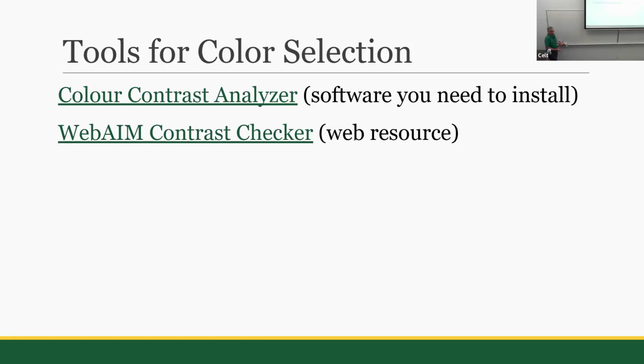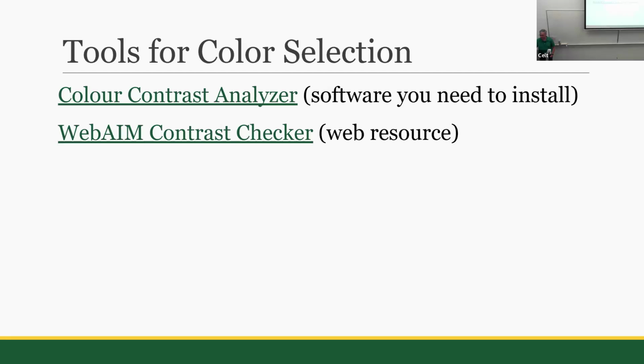So how do you know what colors to use or not? There's two tools that are really, really helpful. You don't need both of them, but you may find both of them helpful. The first one is Color Contrast Analyzer. This is a piece of software you'll have to get installed on your computer.